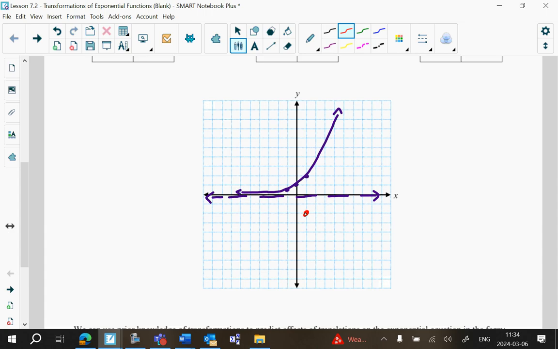This is 1 above the x-axis vertically, so it flips to 1 down. This is half above, so it flips to half down. So it's going to look like this. And the asymptote is not going to change. Still going to be the same asymptote as the other one.